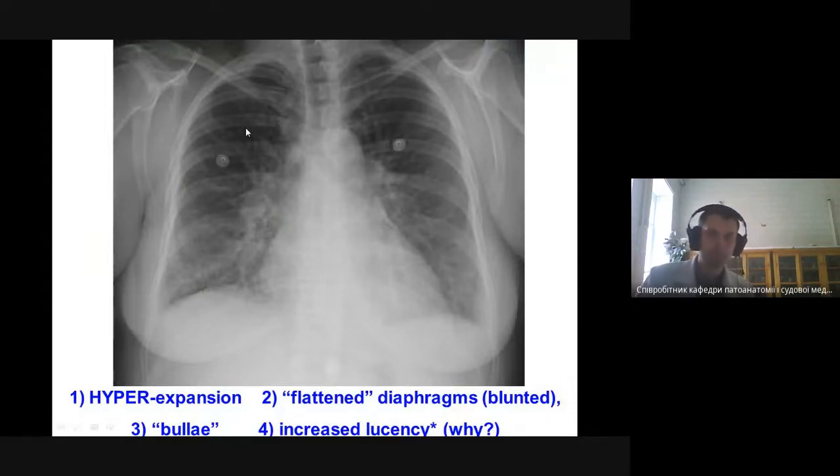The radiological features of emphysema: hyperexpansion, so the lungs are enlarged. Flattened diaphragms, so they are lower. Bullae, the spaces with no lung tissue. Increased lucency, because of the air.